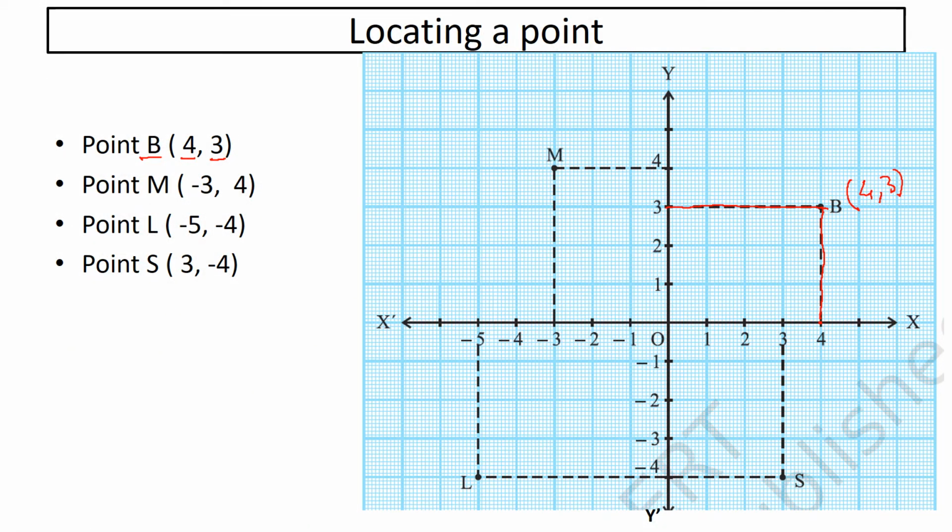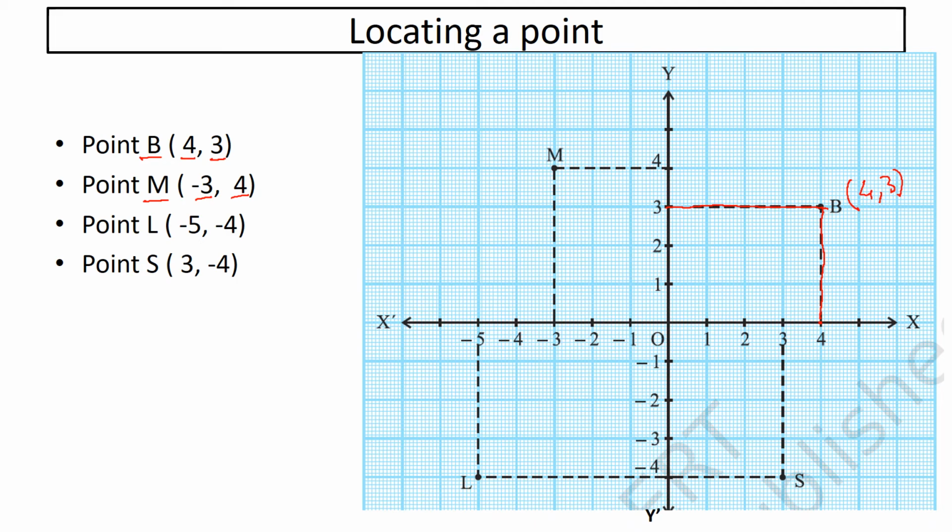Similarly, for point M, for which the coordinates are (-3, 4), by seeing this we can know that it will be in the second quadrant.